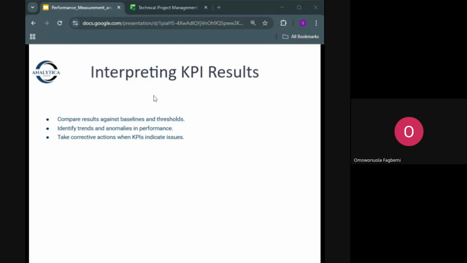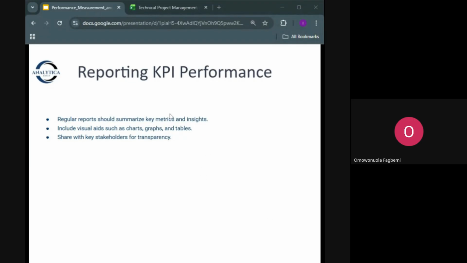Next, we have reporting KPI performance. Now, reports turn measurements into communication.